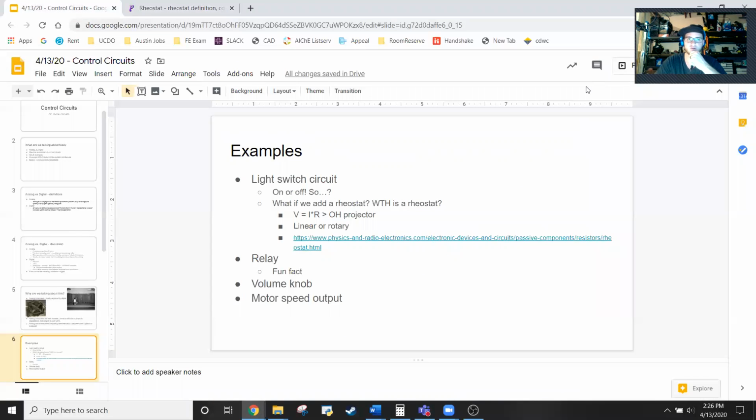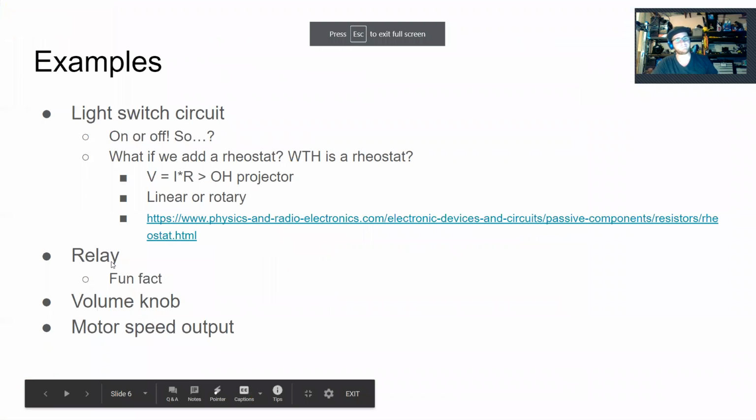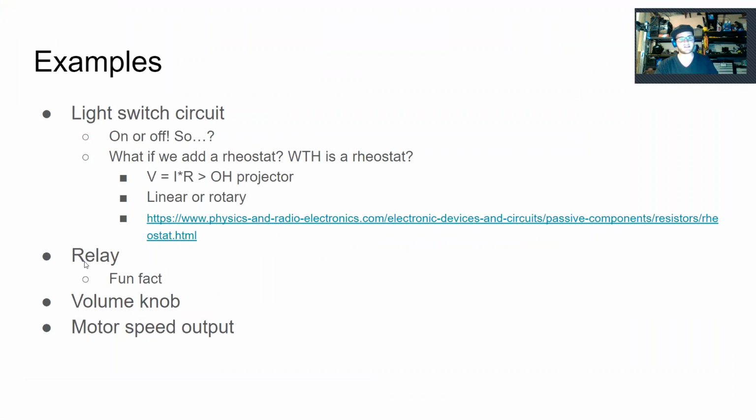Okay, so moving on. Another example, a relay. You guys remember we talked about relays last week? It's an electromagnetic control switch. So is a relay a discrete or an analog device?